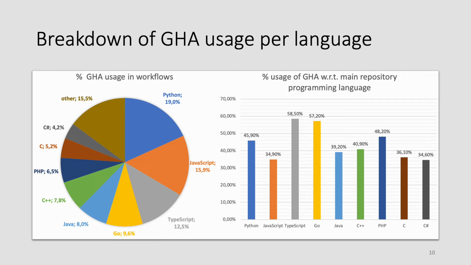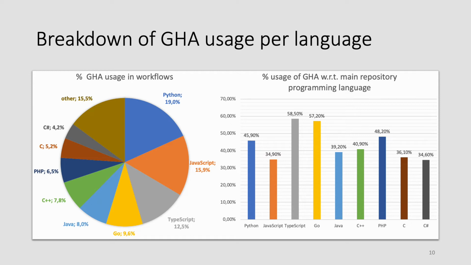And on the right, you see the percentage of GHA usage with respect to the main repositories of programming languages. If you go deeper into this chart, you see that TypeScript and Go have the most usage of GHA with respect to their language.